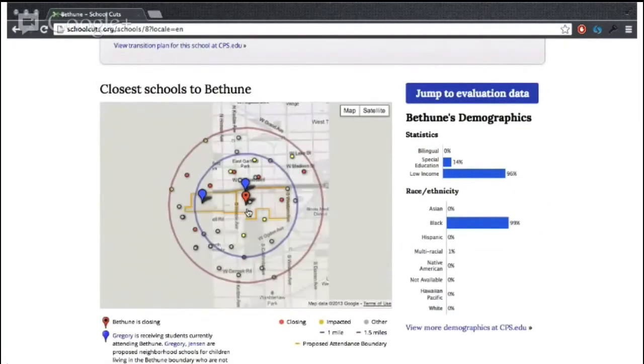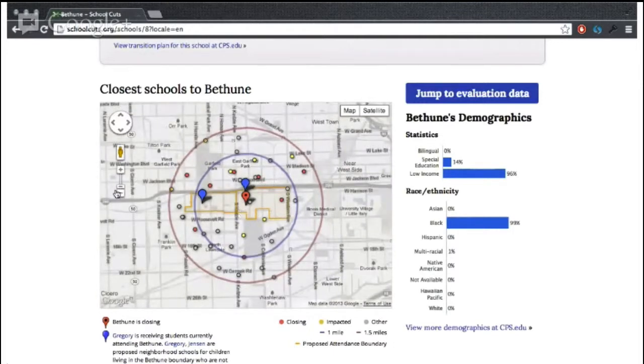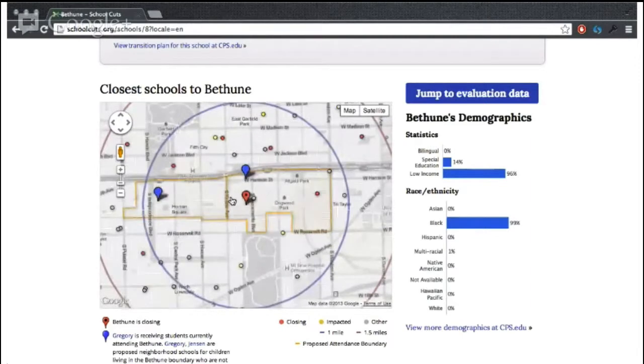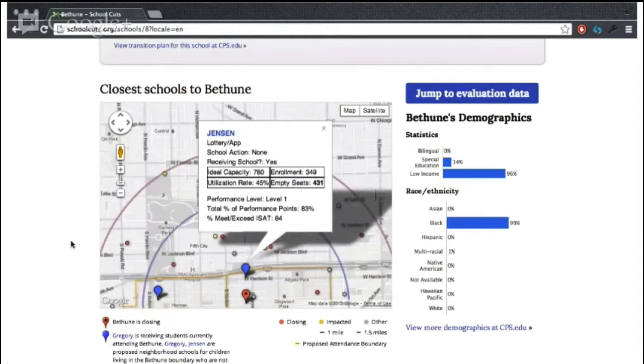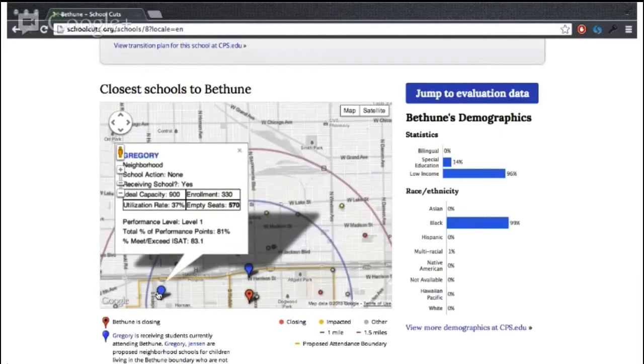The two blue pointers signify where children are being asked to go. So this gives them their map. You can see additional information about each of the different schools involved, and some of the other dots show other schools that are in the area. So right there, you get a localized perspective of what that parent's options are and what new routes they might need to consider in order to get their child to school.